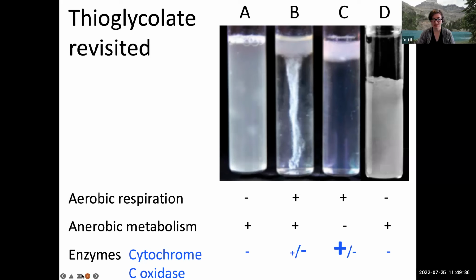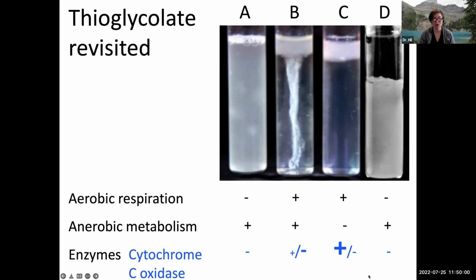That's because cytochrome C oxidase is just one of several enzymes that can do the same job, just like catalase and peroxidase can do the same job. So not having cytochrome C oxidase just means that either they don't do aerobic respiration at all, or they do it using an enzyme that does the same chemistry but has a different name.